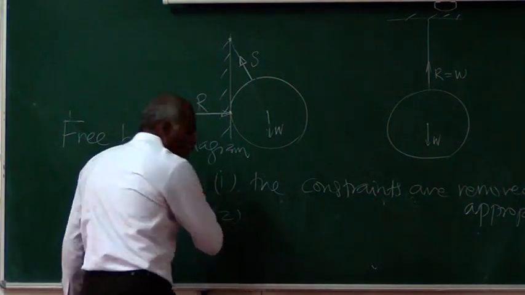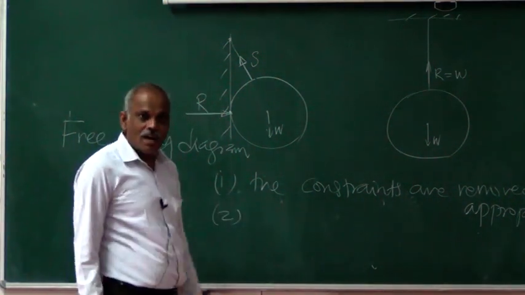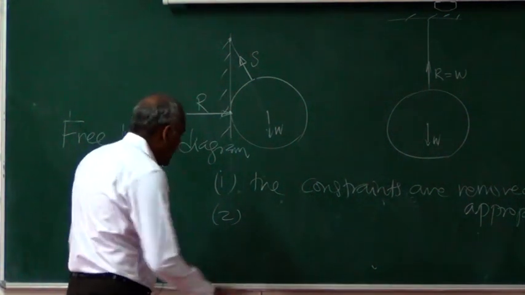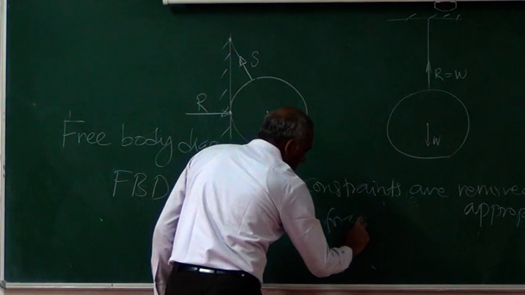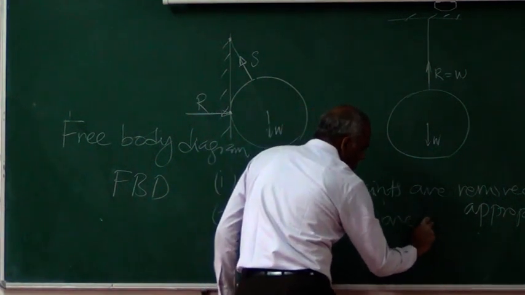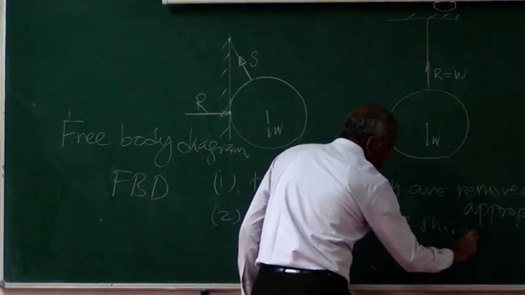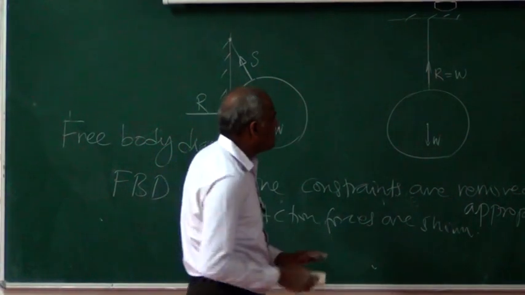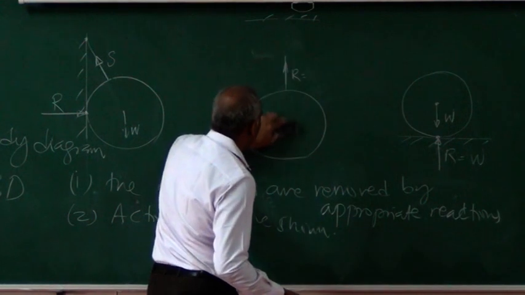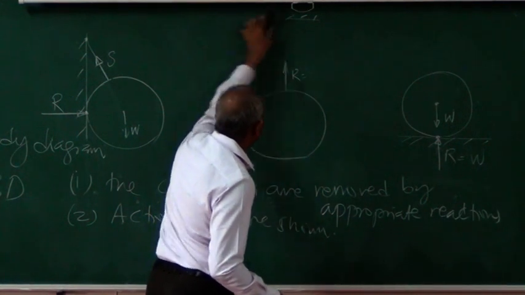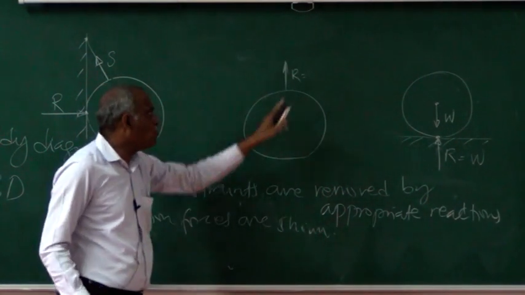Now it is not the only thing. I have to show the action forces also. Don't say that I have a free body diagram wherein the constraint, the string, is removed by a reaction.